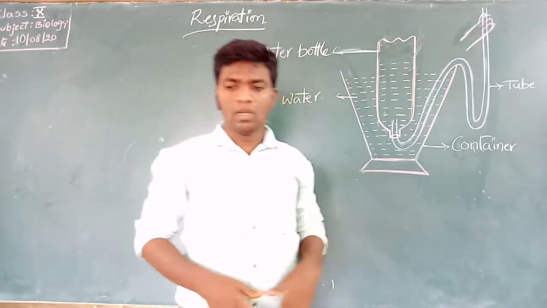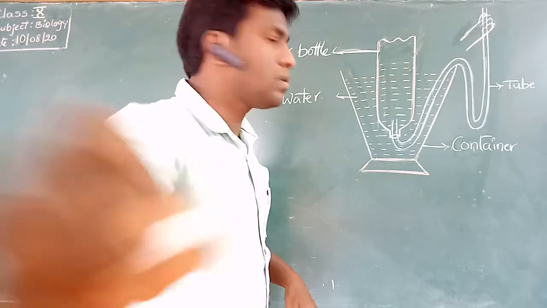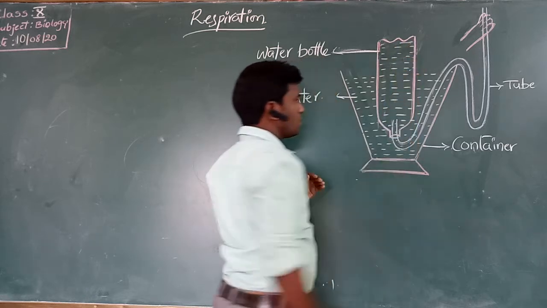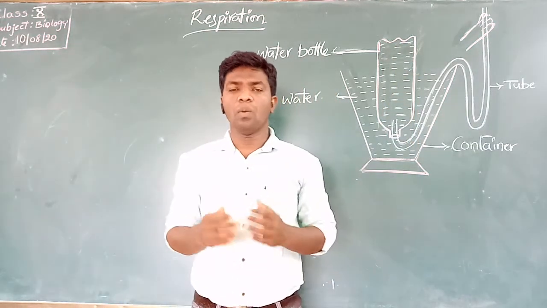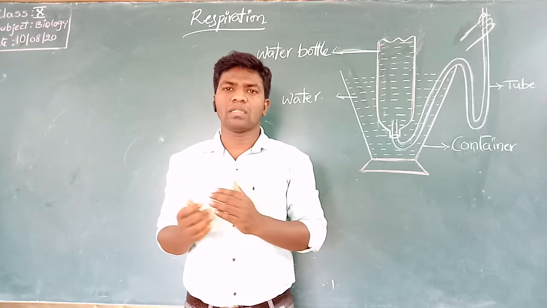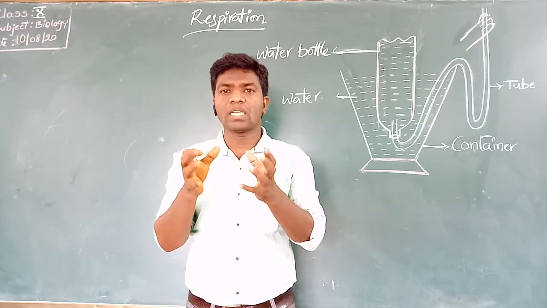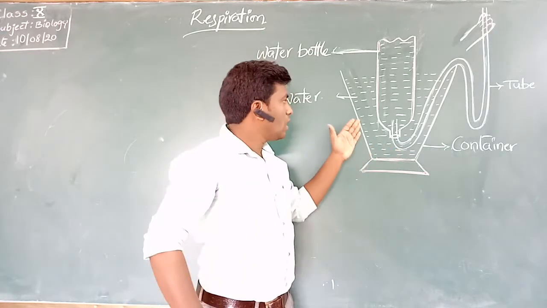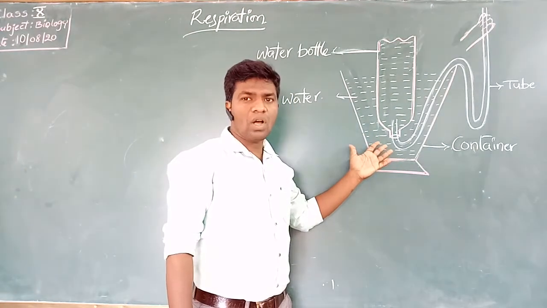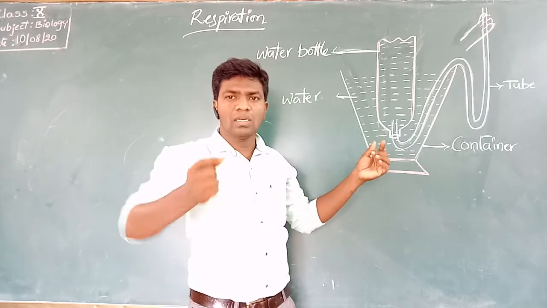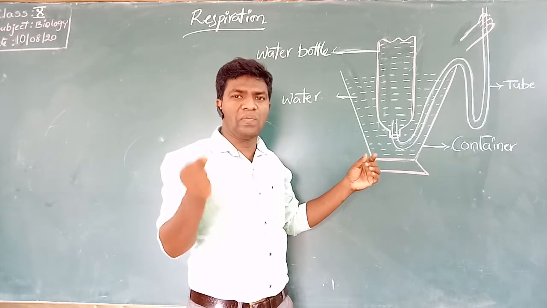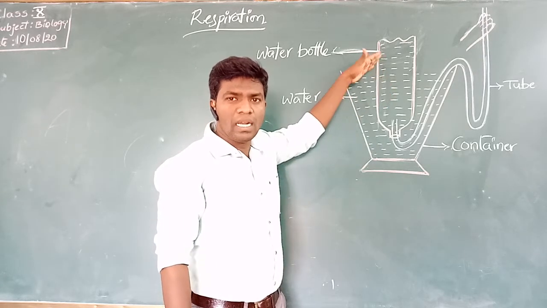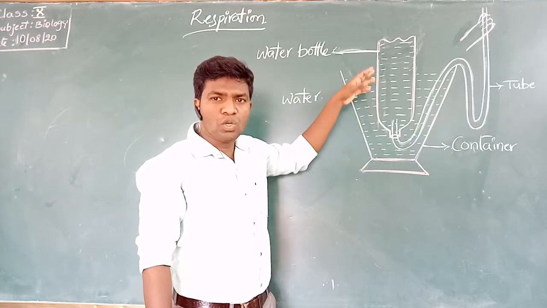Now fill the bottle to the brim and invert it in a bucket or a large container of water. First we take a large container of water, then take the 2 liter bottle, fill it full of water and invert this bottle, as shown in the figure.